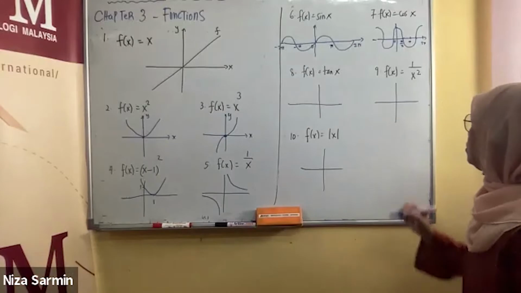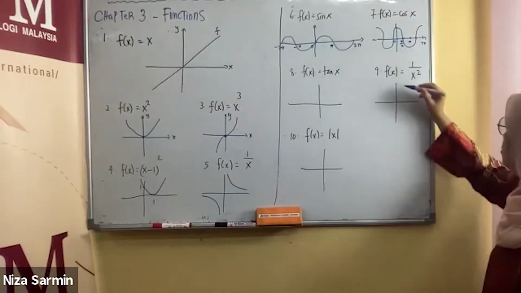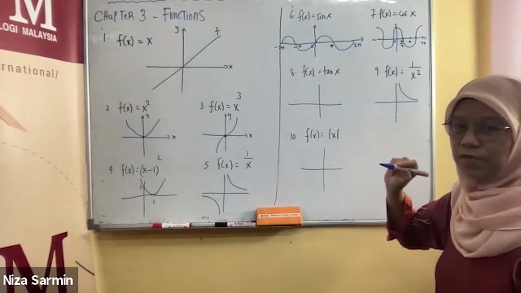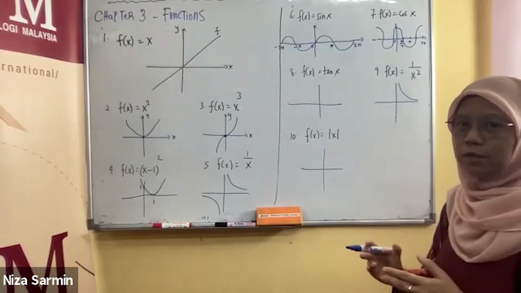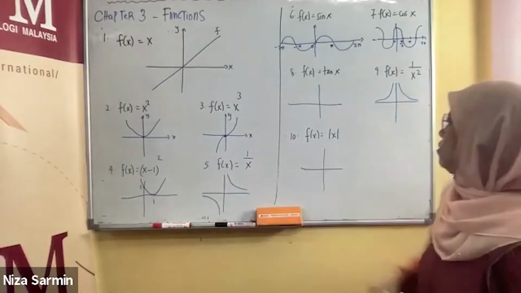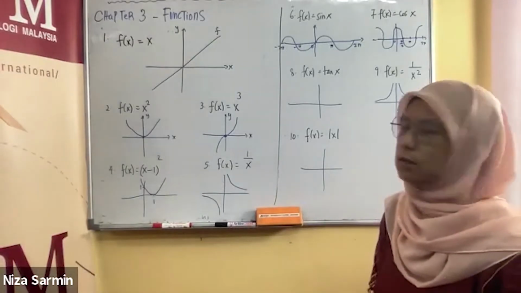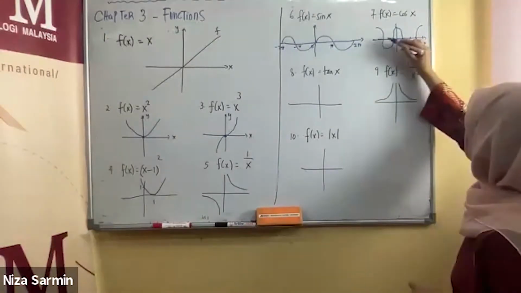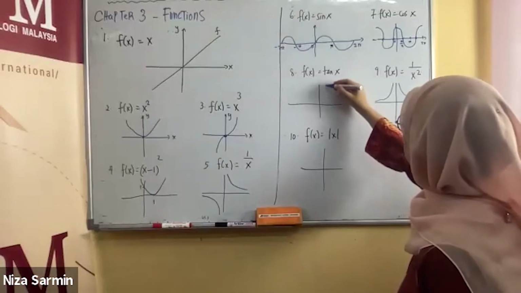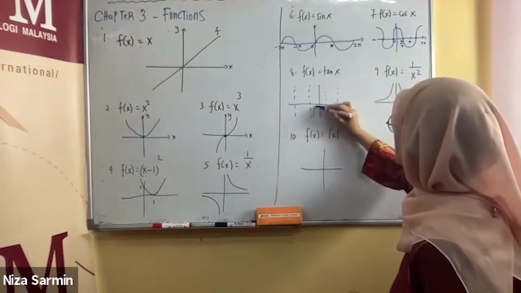Okay, so for this one x cannot be 0, so that's this, right? So it goes like this when x is negative, and when x is negative, 1 over something squared, right? So the difference between this and this, you can see it's a flip. Okay, and tangent is sine over cosine. So whenever cosine is at here, you have to have that, right? Then you go like this.